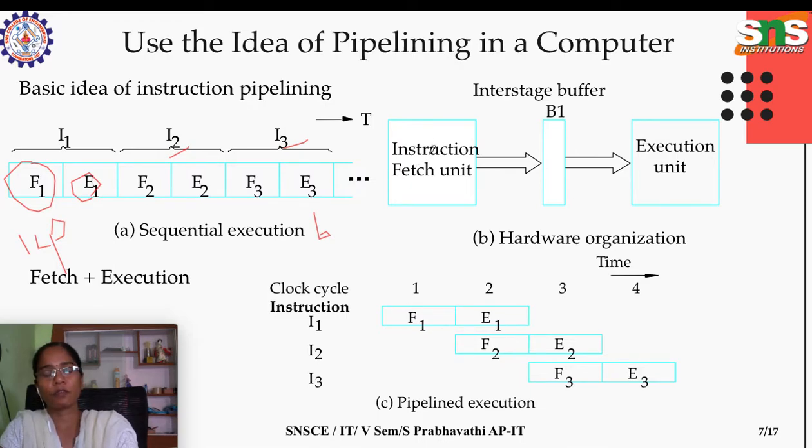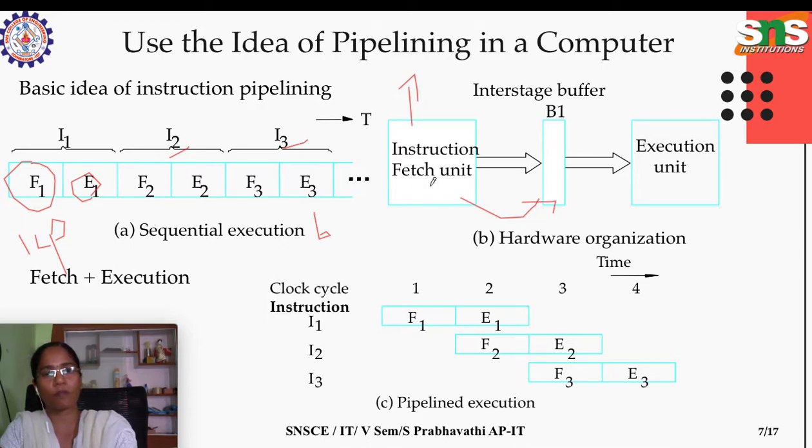There is a separate unit for instruction fetch. It keeps on fetching the instruction, and the fetched instruction is moved to an intermediate buffer, which we call an interstage buffer. Once the fetched instruction is moved to the B1 buffer, this unit will go and fetch the next instruction. It keeps on doing it.